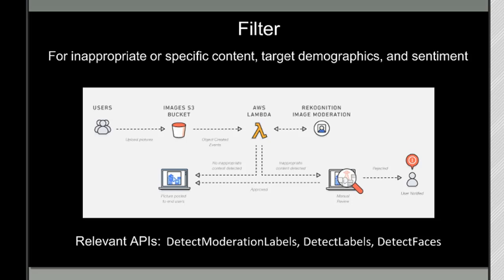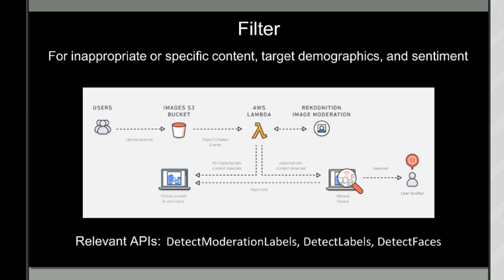Inappropriate and specific content is very, very high on that list because obviously the risk of exposure to reputation and things like that from a brand by exposing inappropriate content is very high. And so this is where we see something like image moderation providing a really neat way of just taking off the first very obvious inappropriate content so that the manual review doesn't have to.